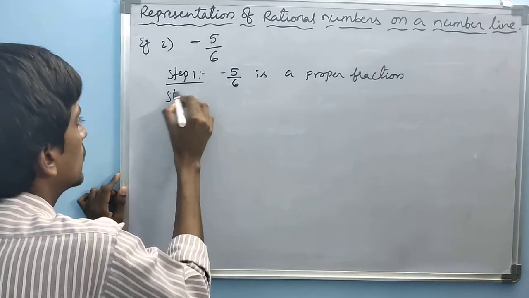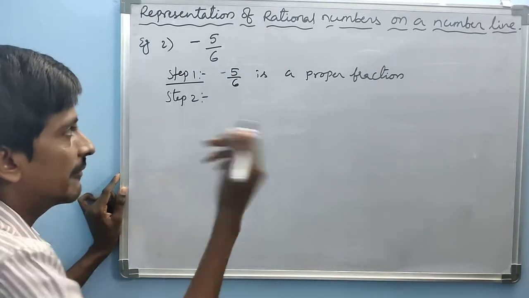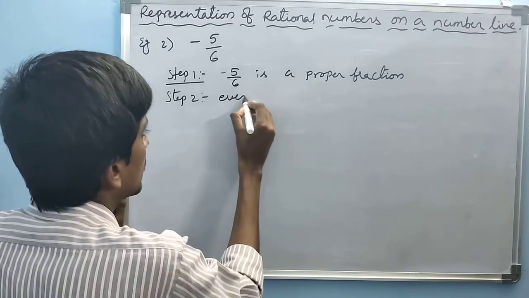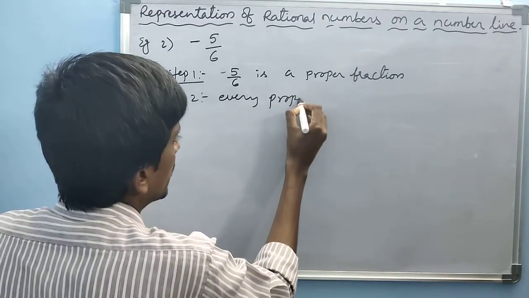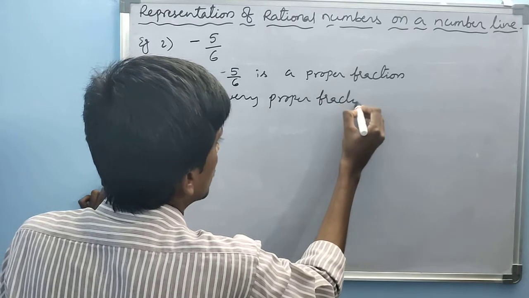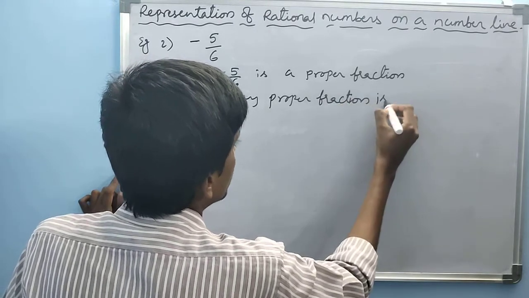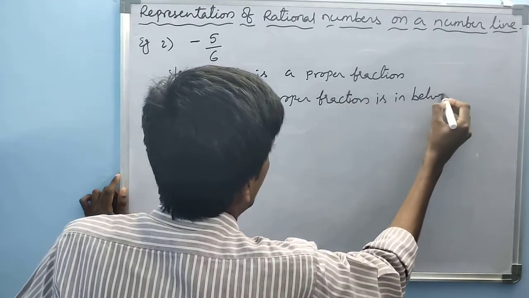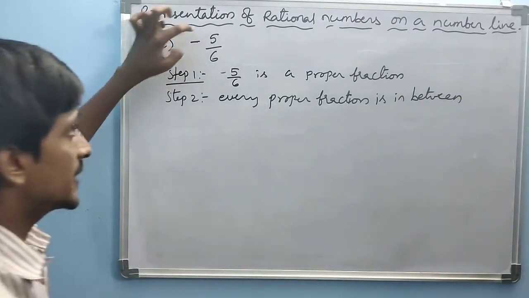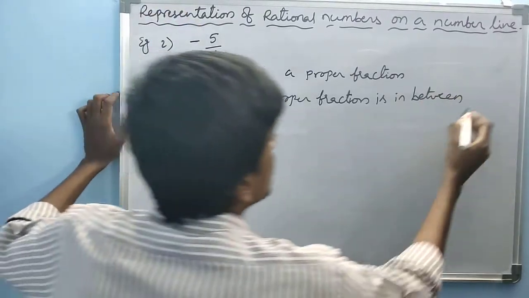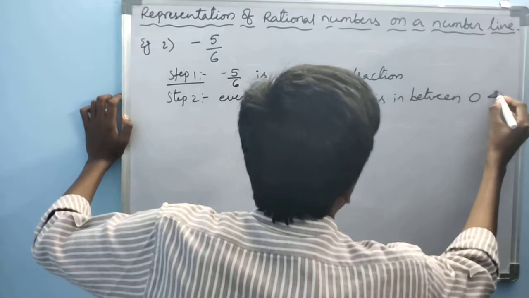Step 2. What is step 2? Every proper fraction is in between 0 and 1 always. If it is a negative number, then 0 and minus 1.